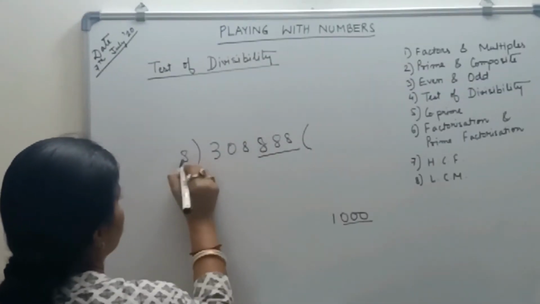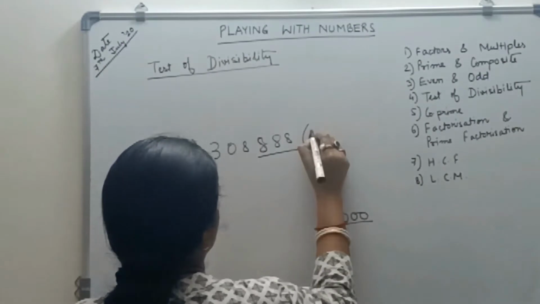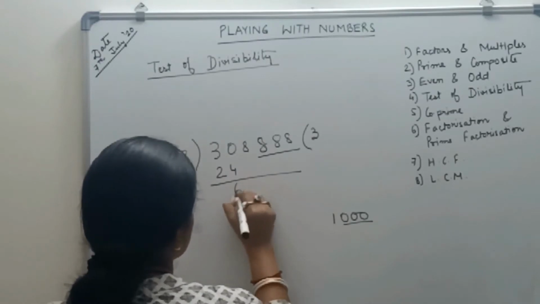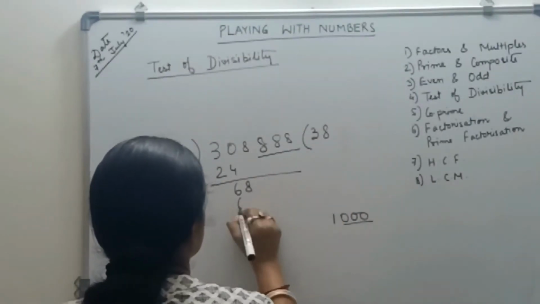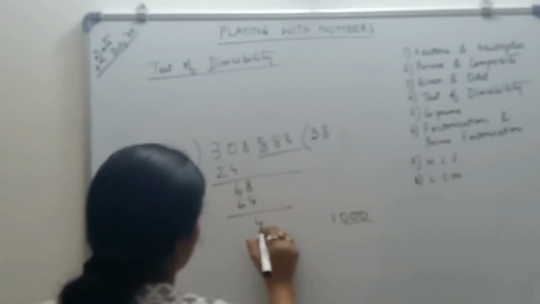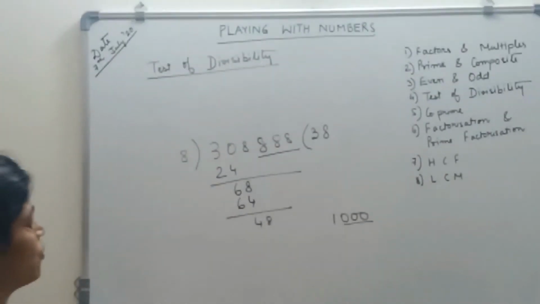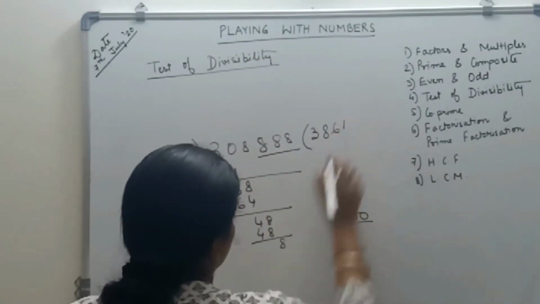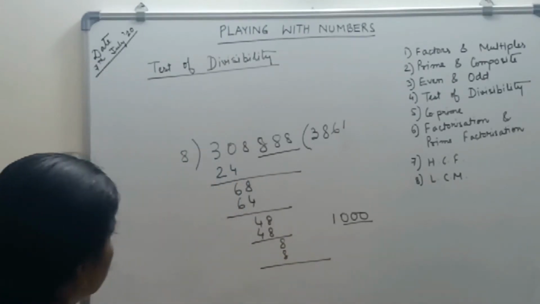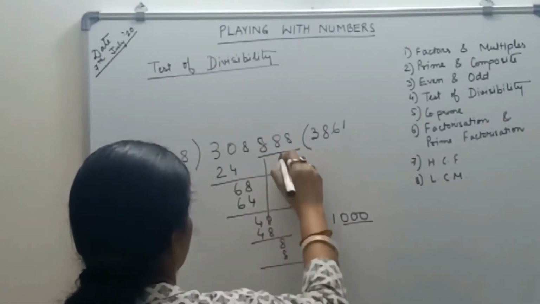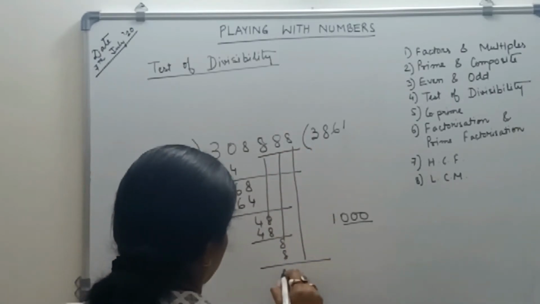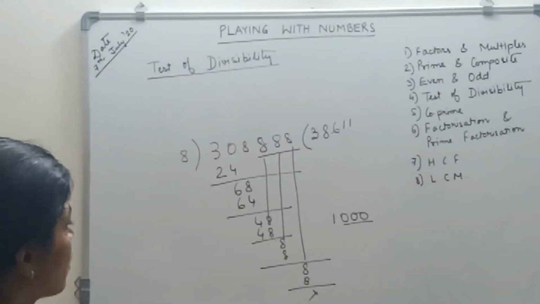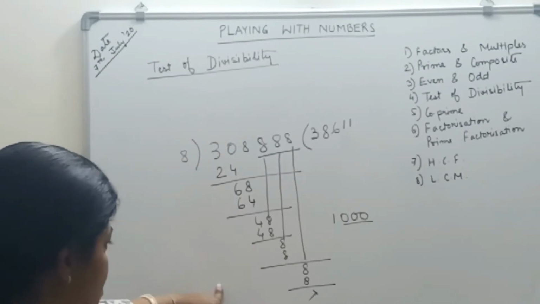How? Let's check. 8 into 3, 24. So what is the remainder here? 64. So 48. 48. So this number is divisible by 8.